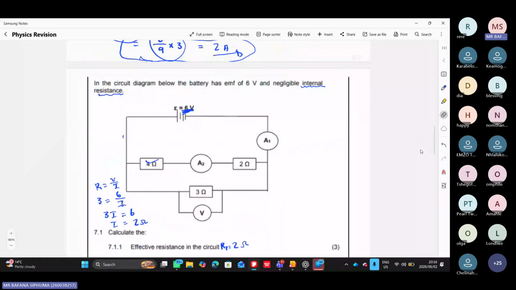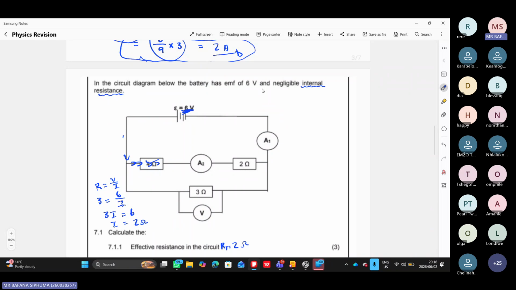So the way we are going to work with these things, A2 is the current on this branch, right? But remember, the first thing that we said, on a series circuit, current is the same. Resistors share the same current.